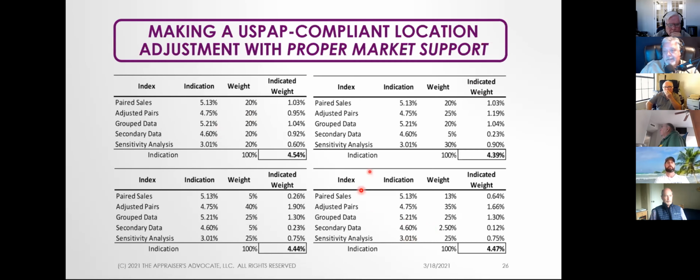So what we're trying to get at here is there isn't a right answer. As Scott said, so many things in appraising just depend. There's no right answer. There's the answer you can support out of the market.